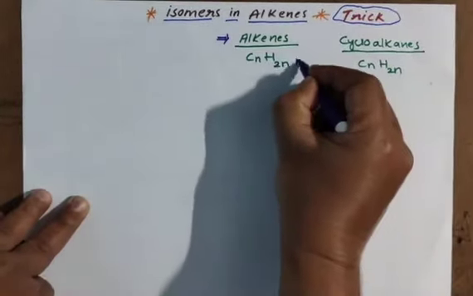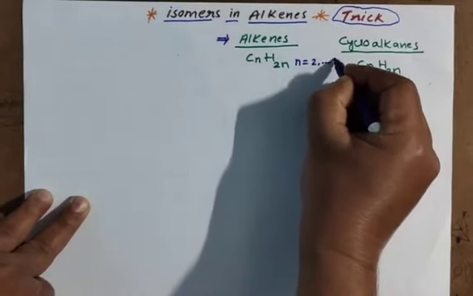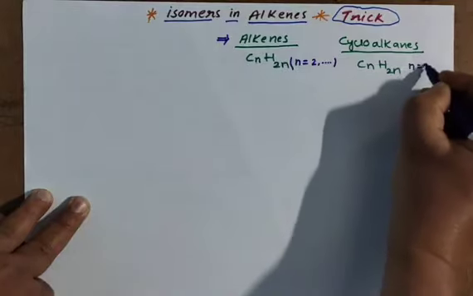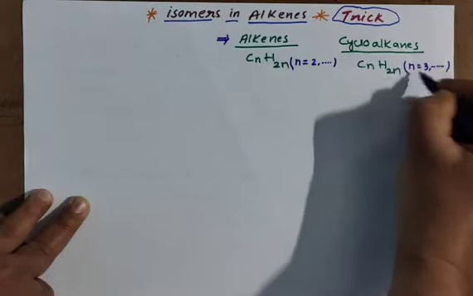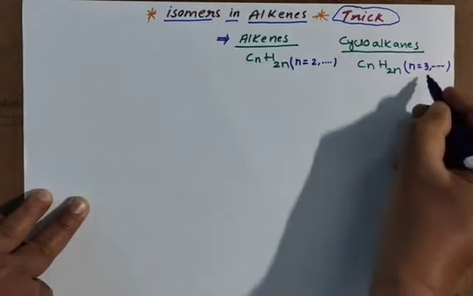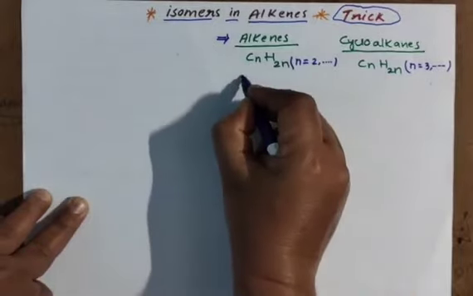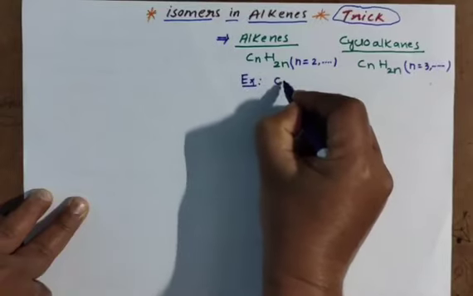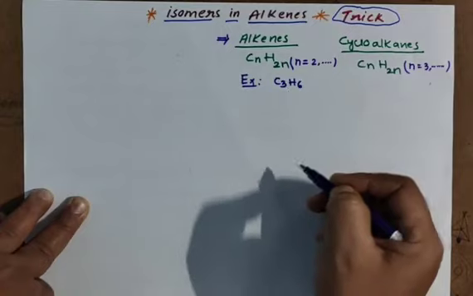Here n starts from a minimum of 2, 3, 4 and so on. Here n starts from 3, 4, 5 and so on. Having the same formula. For example, if I took 3, C3H6 propene.